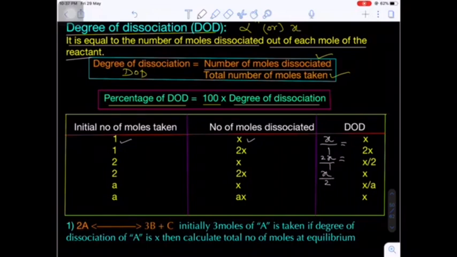Are you getting my point? Now in the next case, 2X moles dissociated out of 2 moles.